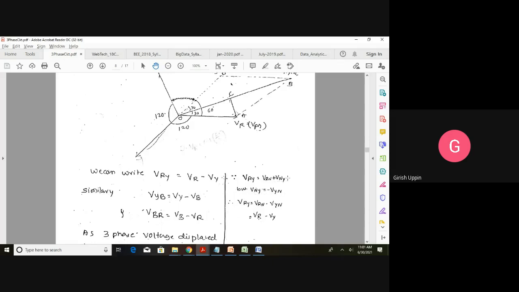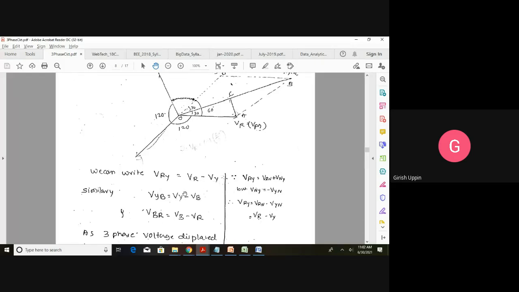So this is represented in terms of phase as minus VYN. Therefore, VRY is equal to VRN minus VYN. And we don't specify the N because it is understood that it is the neutral. Always we specify the phase voltage as VR minus VY. That is how we get this one. VRY is equal to VR minus VY.